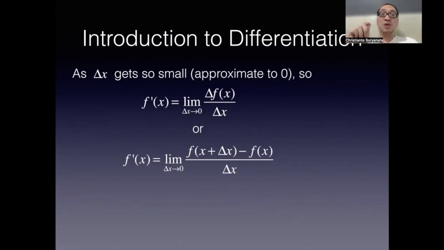But since we are looking at the undefined region, we have to use the definition of the limit. So the derivative or differentiation of function f(x), in this case f prime x, is the limit when delta x approaches 0 of delta f(x) over delta x, or we can just write f(x plus delta x) minus f(x) over delta x.